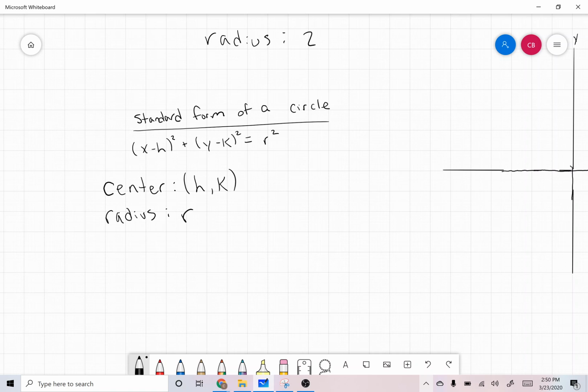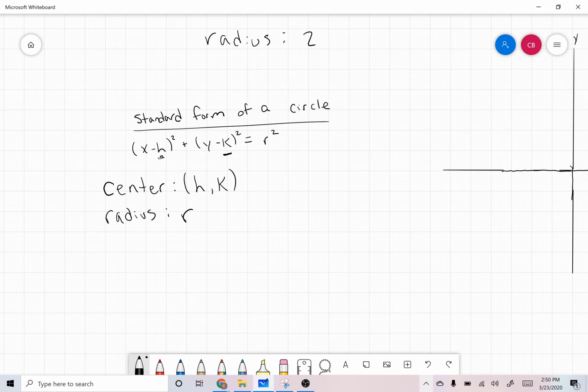Before, I told you that h was the only liar. However, in conics, k can also lie to you. In circles and ellipses, it will lie to you, so we need to keep that in mind. I think it lies in hyperbolas as well, but we'll get there when we get there.